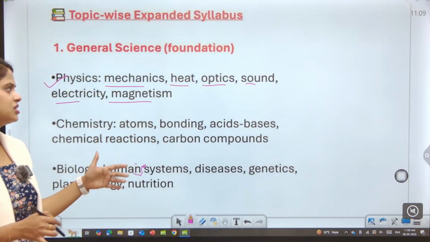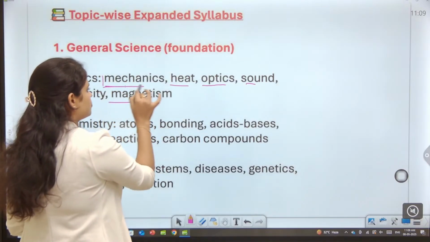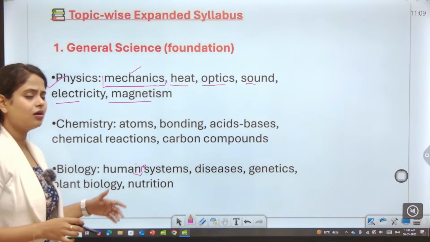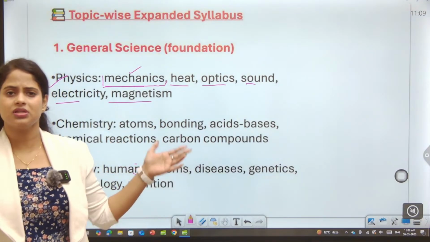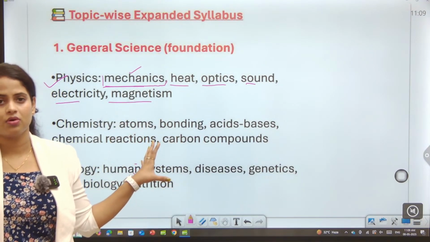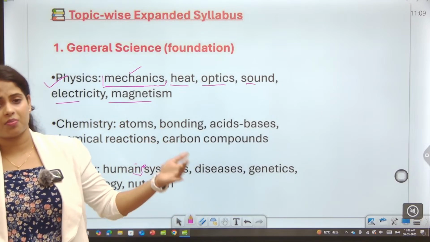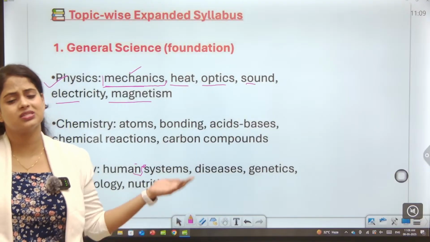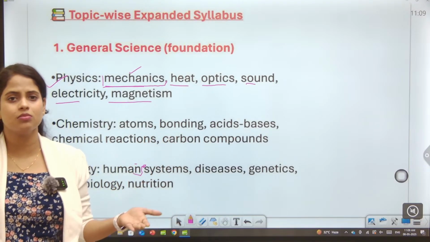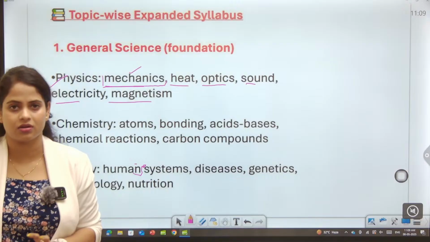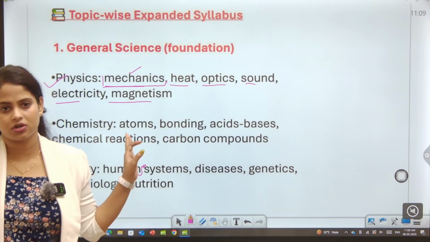ODI medium students have read it in ODI, and CBSE, ICSE students have read it in English. Still, we have that much knowledge. What is heat? What is optics? What is a sound wave? What is electricity? What is magnetism? We have that much idea in our brain. We can write on the topic.